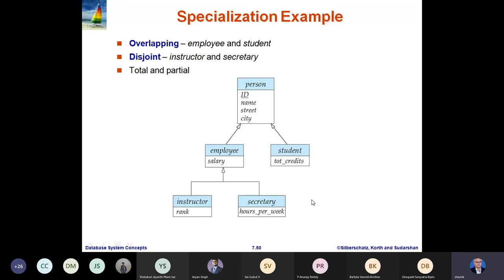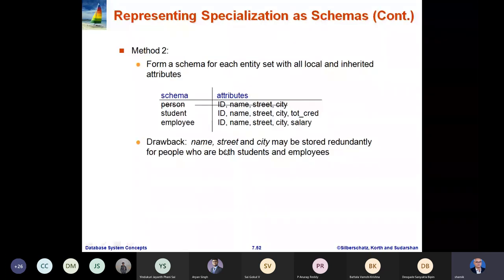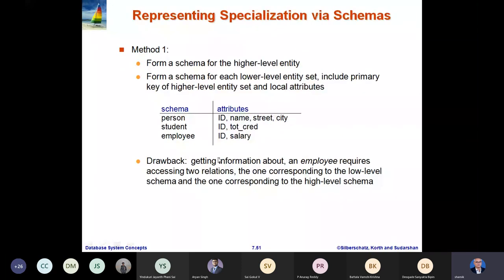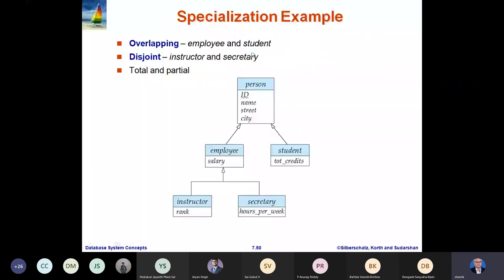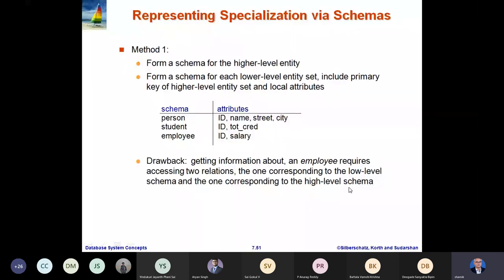But if this specialization is not total, then what will happen? There would be some persons who are neither student nor employee, and they will not get reflected anywhere. So in that case, of course, you cannot have this design. You can have the design where you have one table and you put everybody in that. So it is not only the question of whether it is overlapping or disjoint, but total and partial will also have an impact.